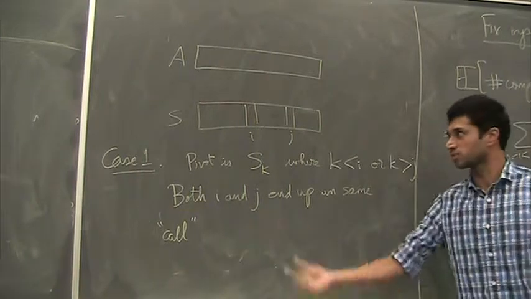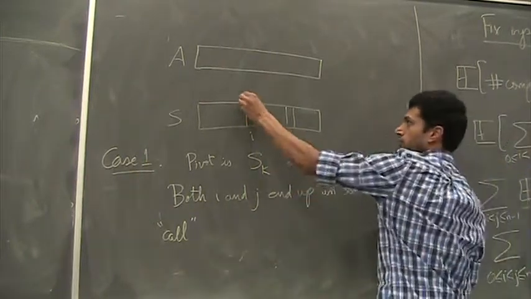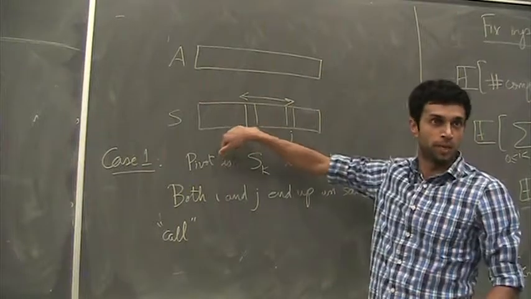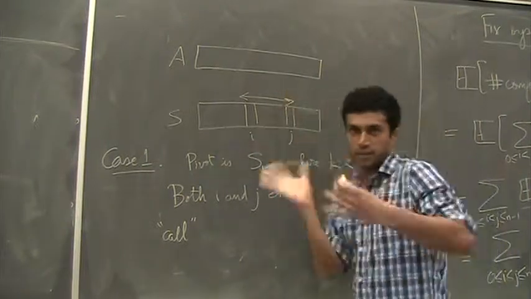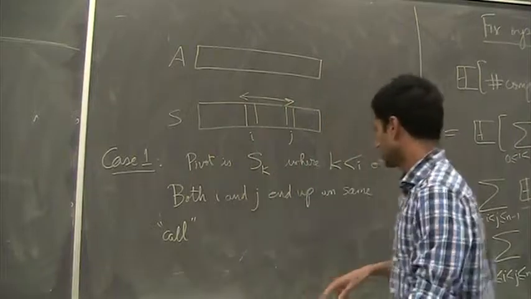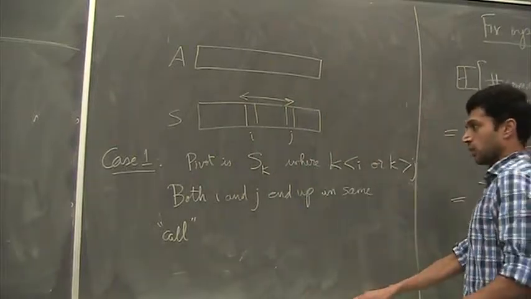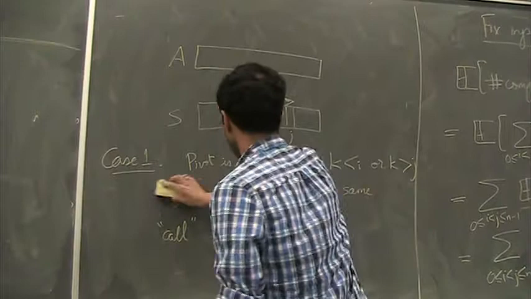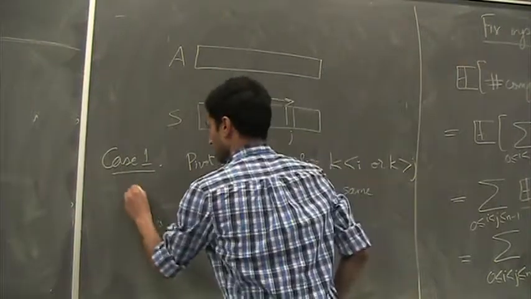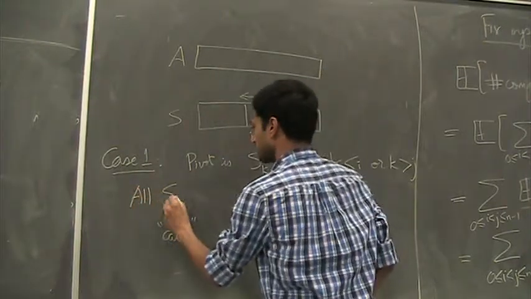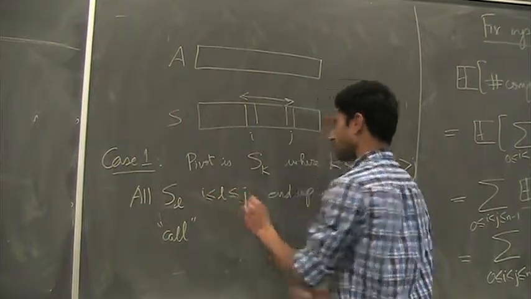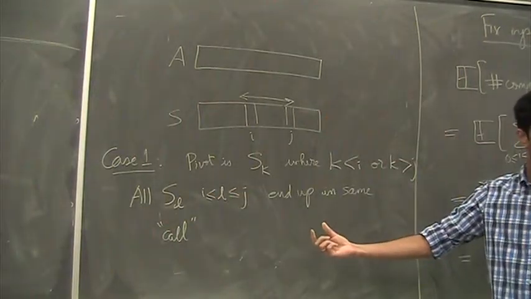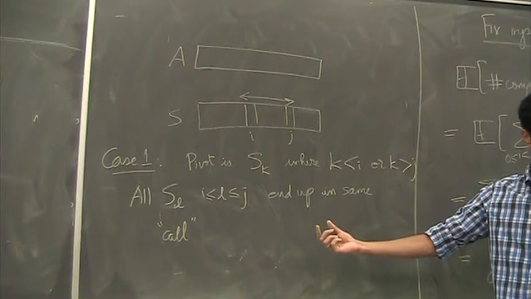But it's a little more than just i and j. All of this ends up in the same column, because the pivot is chosen here or here, and all of that just moves to the left or to the right. Both i and j end up in the same call. All Sl, where l lies between i and j, end up in the same call, right?